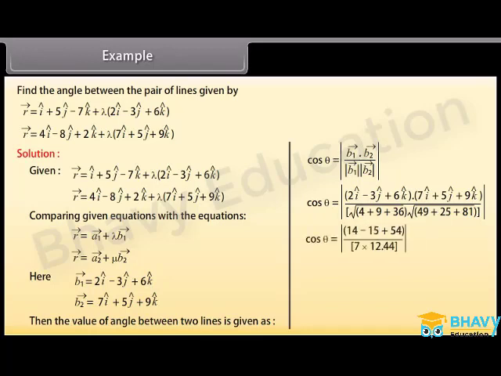Cos theta equals modulus of 14 minus 15 plus 54 divided by 7 into 12.44, which equals 53 by 87.08. Theta equals cos inverse of 53 by 87.08. Theta equals 52.51 degrees.